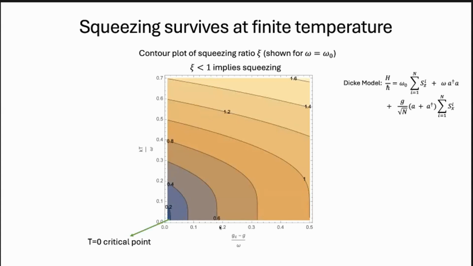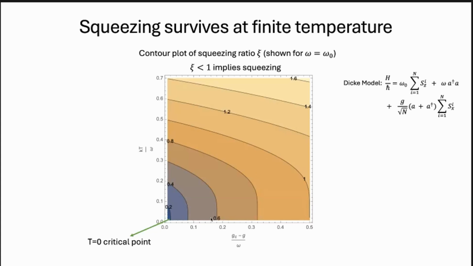This is a contour plot where on the x-axis, I measure how far I am from the critical point where the superradiant phase transition happens. And on the y-axis is temperature, in units of the excitation frequency omega of the bosonic mode. And the nice thing here is that there's this large region where the squeezing parameter is less than 1.